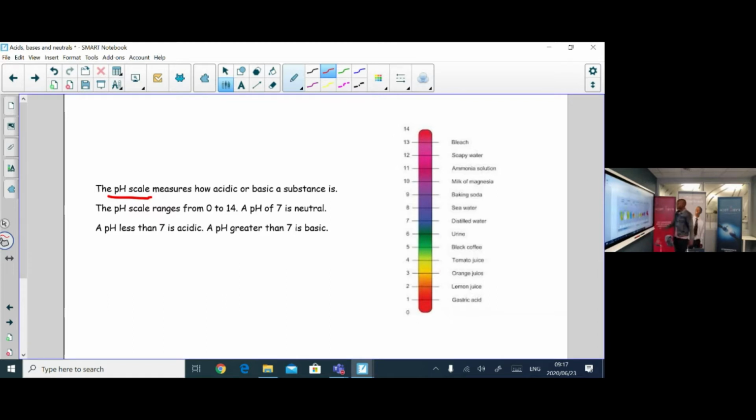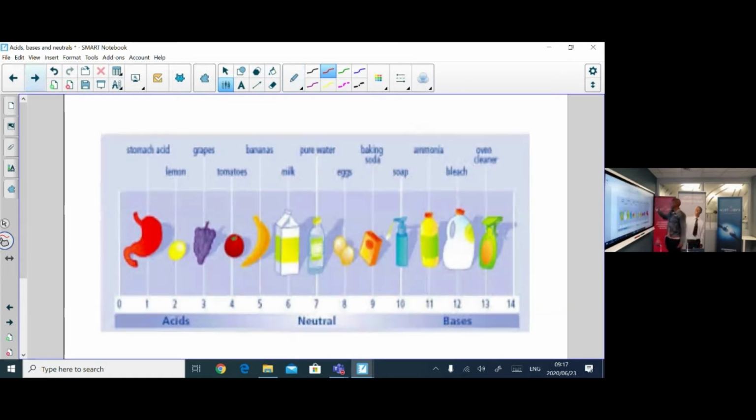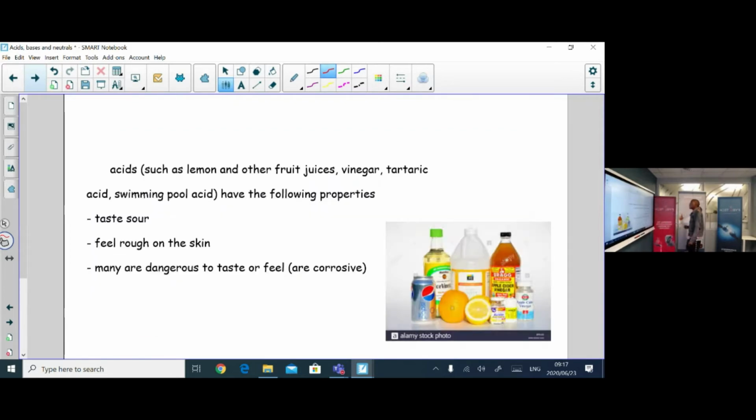We had discussed the range of commonly used products in our households or homes that identify with acids and bases, that identify with our pH scale. We said acids such as lemons and other fruits, vinegar, citric acid, have the following properties.